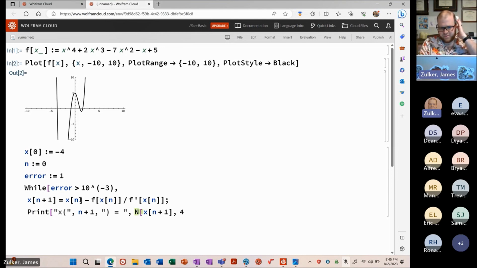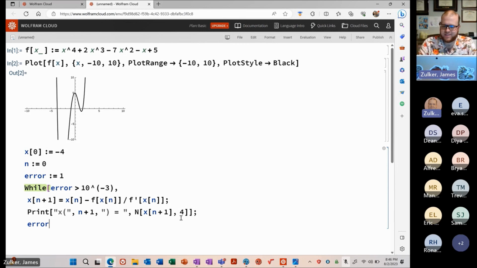I want 4 digits here. So I'm telling it to print, this is the text. It'll print out whatever the n plus 1 value is. More text. This gives it a numerical approximation of what was just calculated, the xn plus 1, keeping it to 4 digits. At least I hope that's what it's going to do.